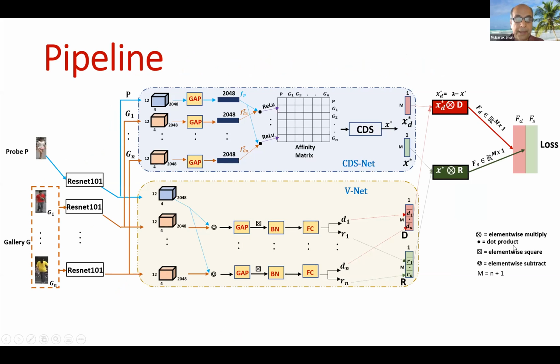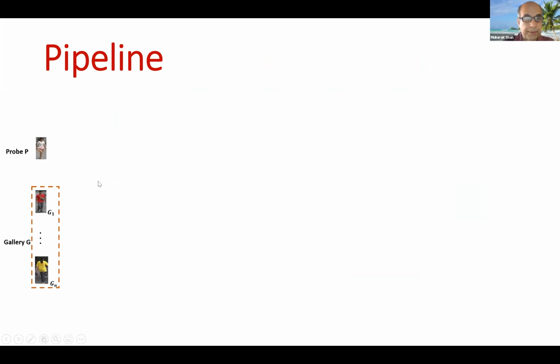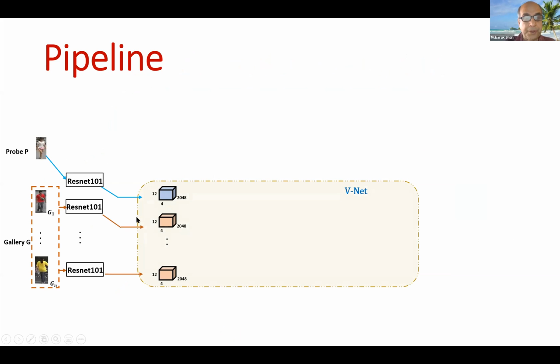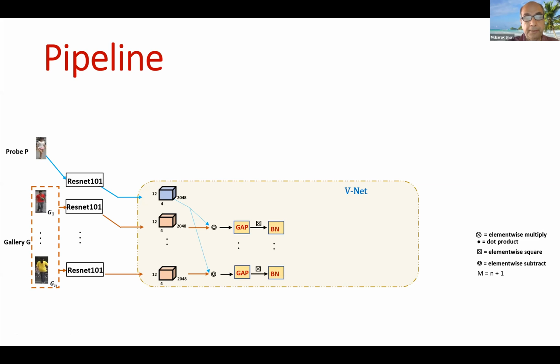So our pipeline is that we have these two networks, the upper and lower network. We start with a probe image, and these are the gallery images, and compute, say, ResNet features for all of these images, and get this feature cube, 2048, 12 by 4. Then we do the comparison between the probe and each of the gallery images, and do the global average pooling, batch normalization, fully connected layers and so on.